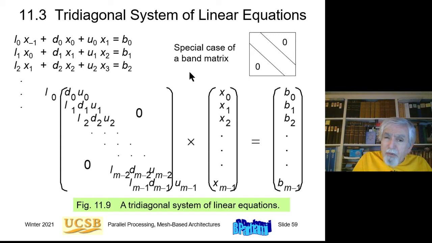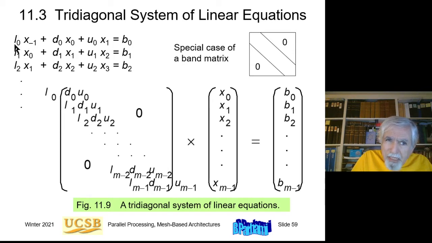Now, first of all, the first equation has 2 terms: d0 x0 plus u0 x1. The last one also has 2 terms, and every other equation has 3 terms. To make things uniform and easier, we introduce a dummy variable x minus 1, whose value is of no interest to us. We just include it there.